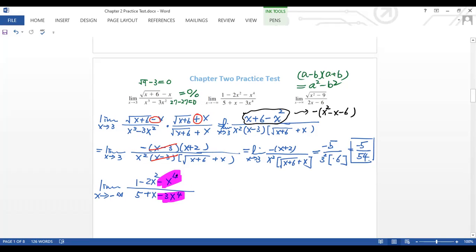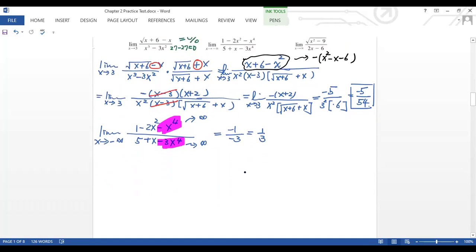Also, because this is an even power, even as you go to negative infinity, this one goes to positive infinity, this one goes to positive infinity, right? So I can just use the constants in front. So it's negative 1 over negative 3. So this is 1/3 here. Cool.